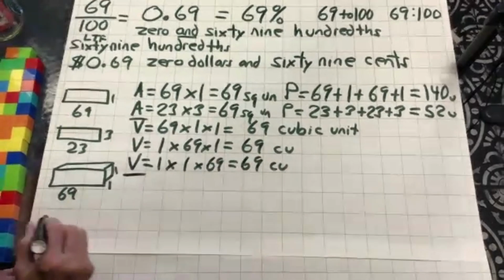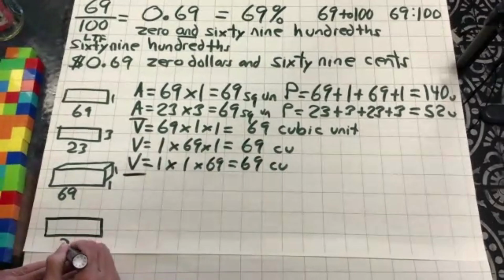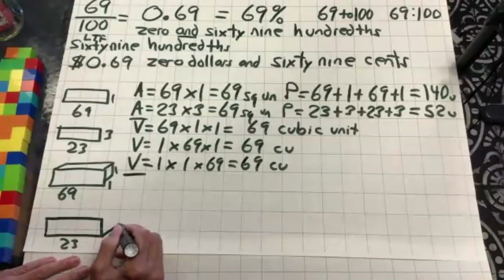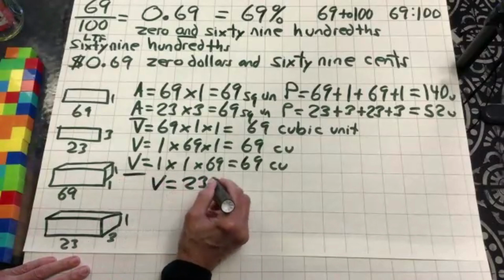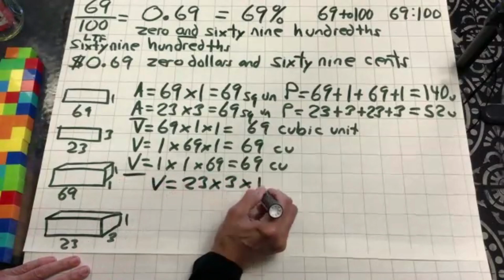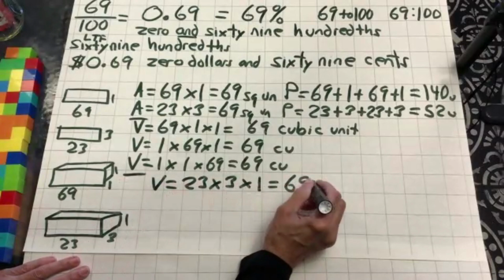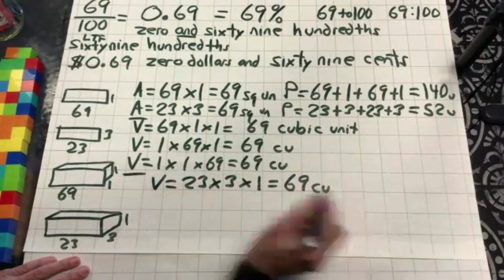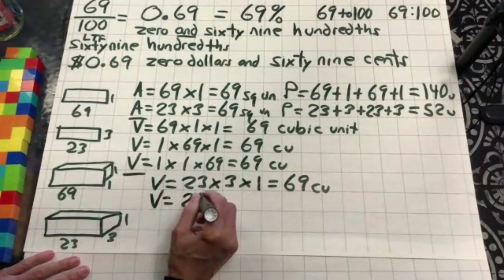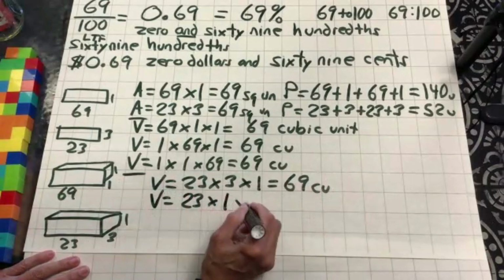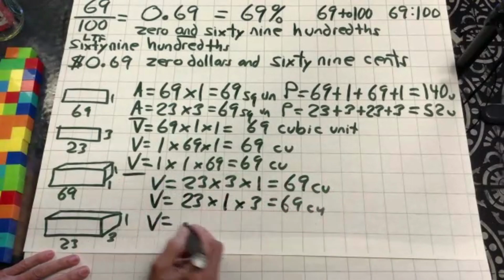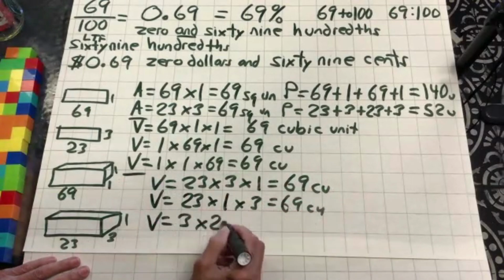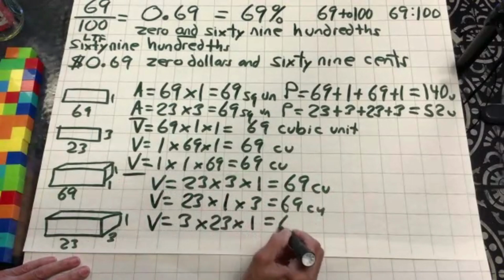Let's move on to the other one, which is a 23 by 3 deep by 1 tall. So that would be 23 wide by 3 deep by 1 tall equals 69 cubic units. Another way we could write that is 23 wide by 1 deep by 3 tall. Another way to write that would be 3 wide by 23 deep by 1 tall.